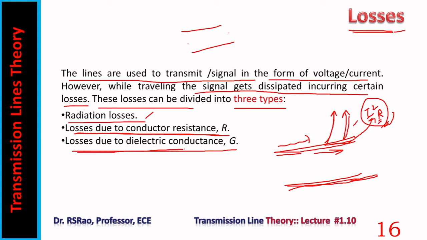Then losses due to dielectric conductance. See, these two conductors are separated by a certain dielectric. This dielectric is not an ideal one. The conductivity of this dielectric is not zero. Therefore, certain currents flow from one conductor to another through the dielectric.